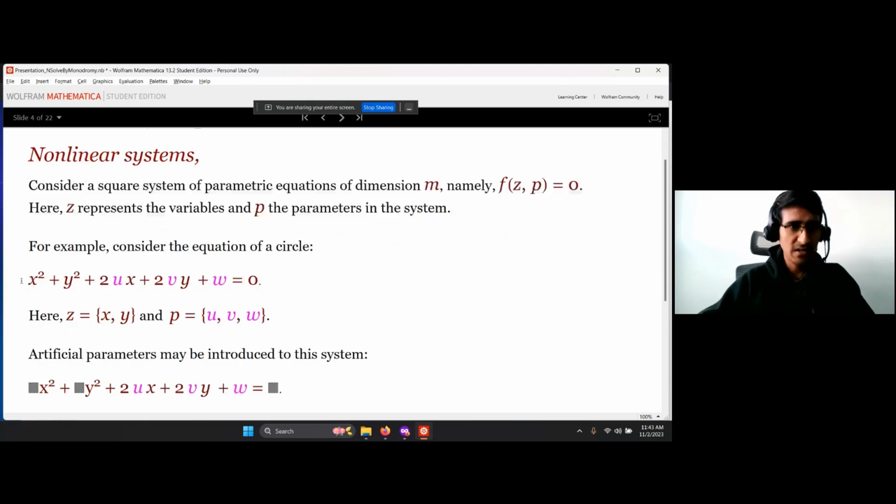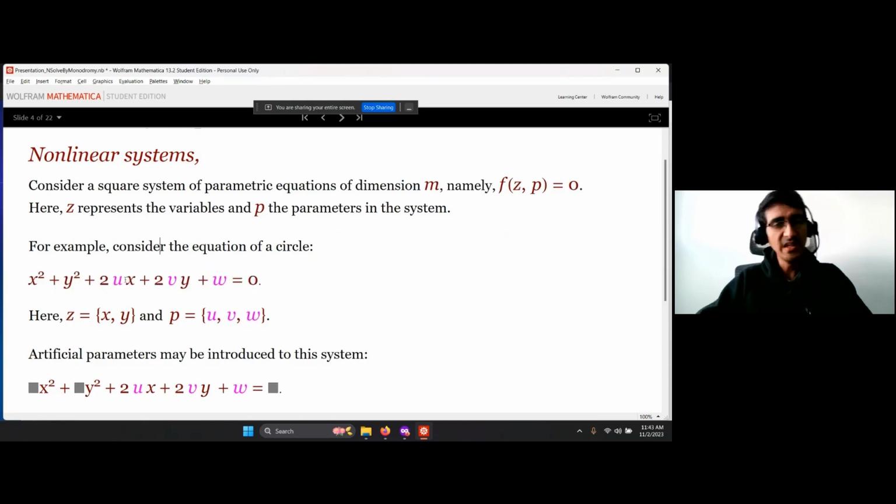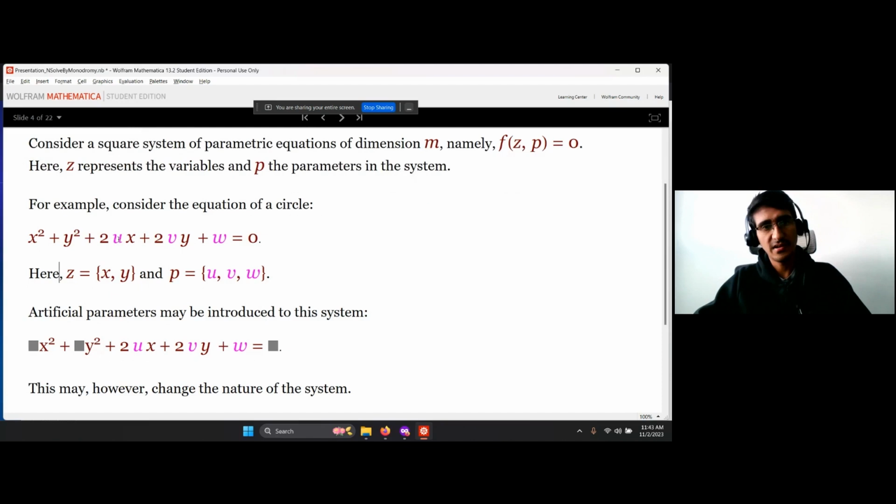To give an example, let's consider the equation of a circle shown here. Here, x and y represent the variable space, and p represents the parameter space of this circle equation, because you have the center of the circle and then the radius. So there are three parameters. Typically, you conduct monodromy loops in this natural parameter space.